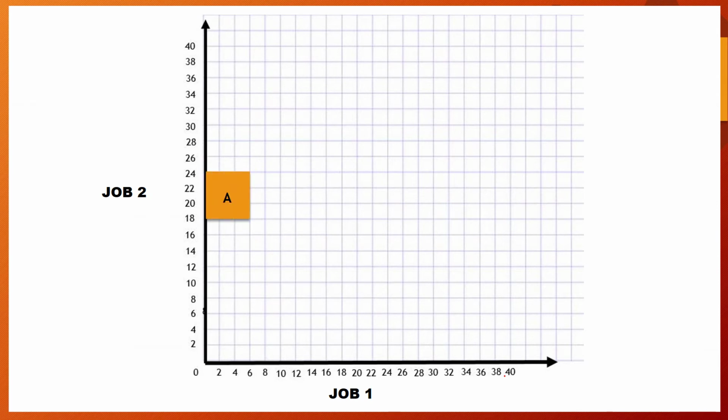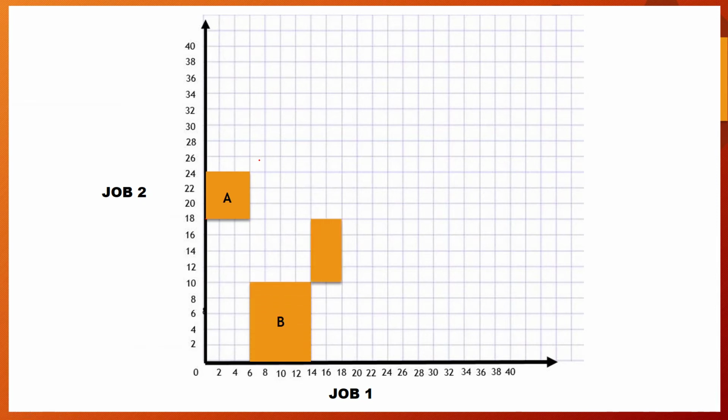So here we can see that machine A comes in for job 1 at 0, and job 1 remains on machine A for 6 hours, and job 2 comes at the 18th hour and remains there for the next 6 hours, which is till 24. So once A is done, the next plot is for machine B.